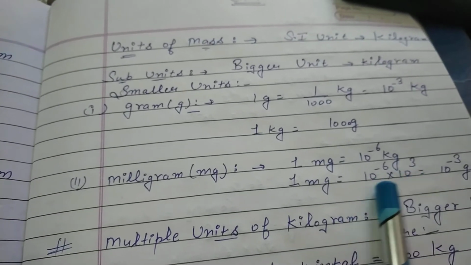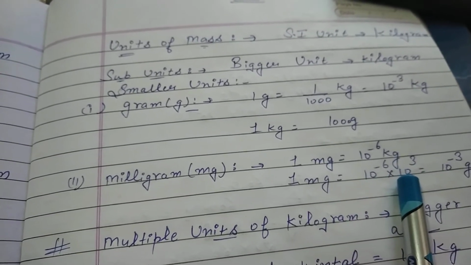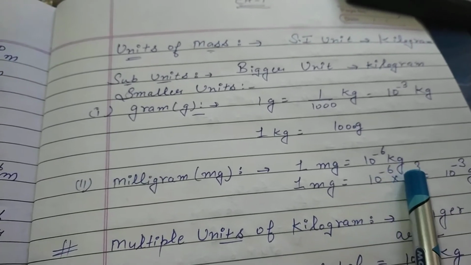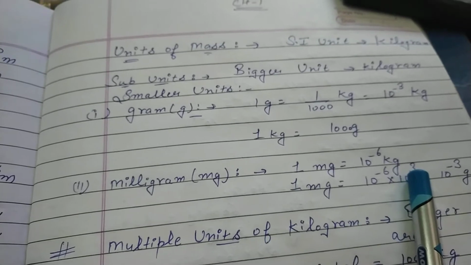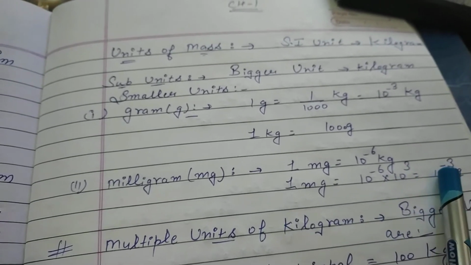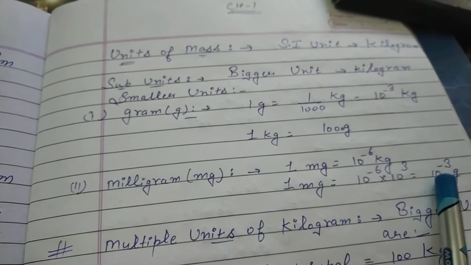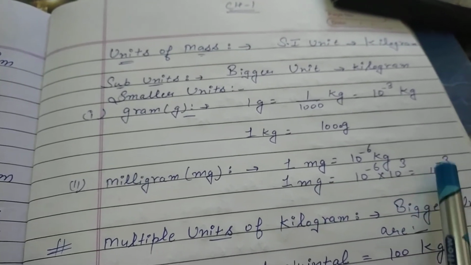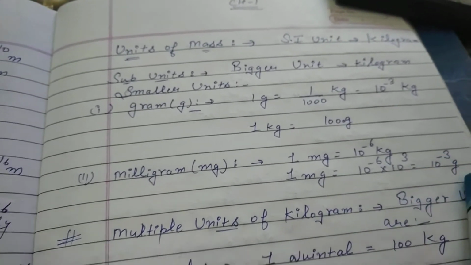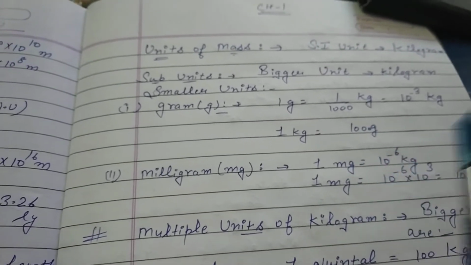Now the base is the same, 10, so add these powers. But one power is negative and the second one is positive. So the answer will be 10 to the power minus 6 plus 3 gram. That means 1 milligram is equal to 10 to the power minus 3 gram. These two are the smaller units.